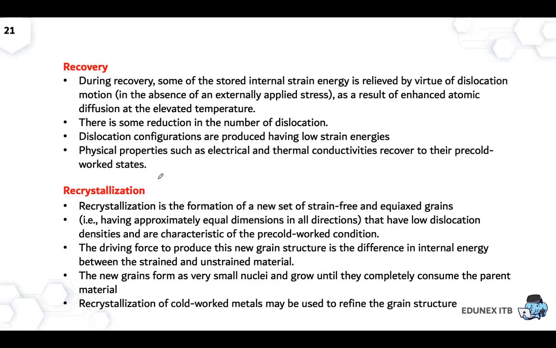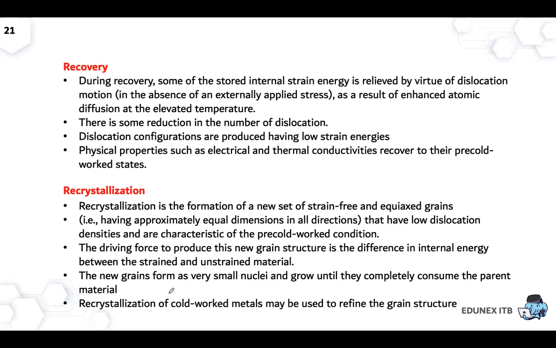Recrystallization is the formation of a new set of strain-free, equiaxed grains. The grains are not elongated anymore, but new grains with equal dimensions in all directions, with low dislocation density and the characteristics of the pre-cold-work condition.